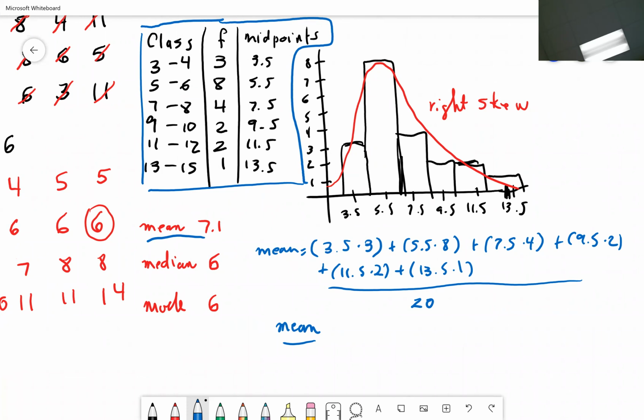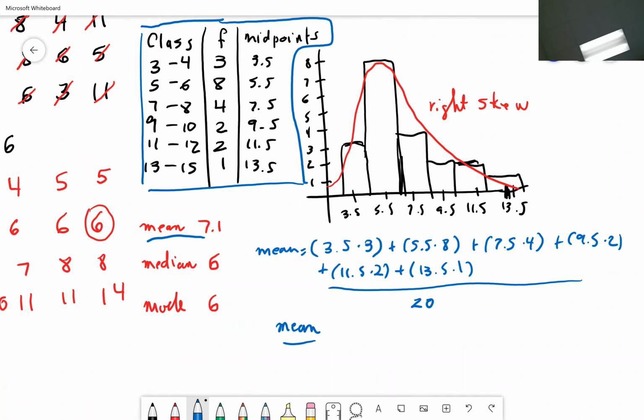3.5 times 3 plus 5.5 times 8 plus 7.5 times 4 plus 9.5 times 2 plus 11.5 times 2.